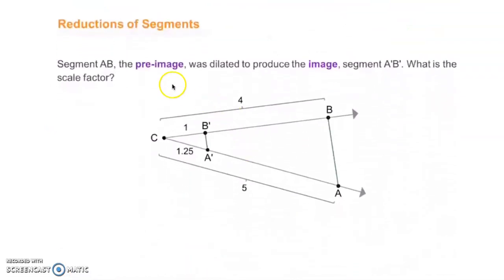So if we're reducing a segment, segment AB is called the preimage. That's another word you might want to know. Preimage is what we start with, and the image is the new dilated portion.